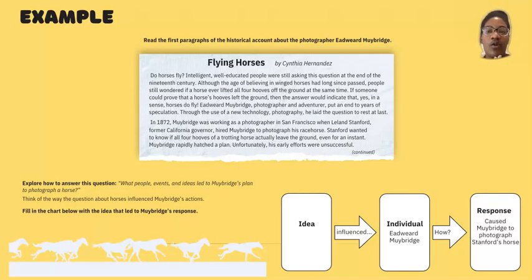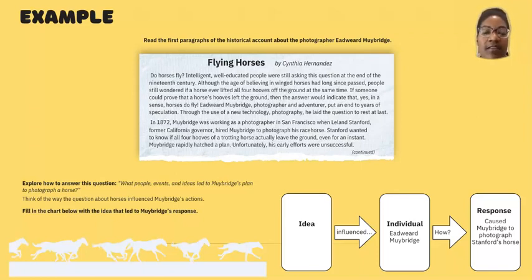All right, so let's do a quick example. It says, read the first paragraphs of the historical account about the photographer Edward Muybridge. So we already know our text type is a historical account. And we know that we're about to read about a photographer named Edward Muybridge. Flying horses. Do horses fly? Intelligent, well-educated people were still asking this question at the end of the 19th century.